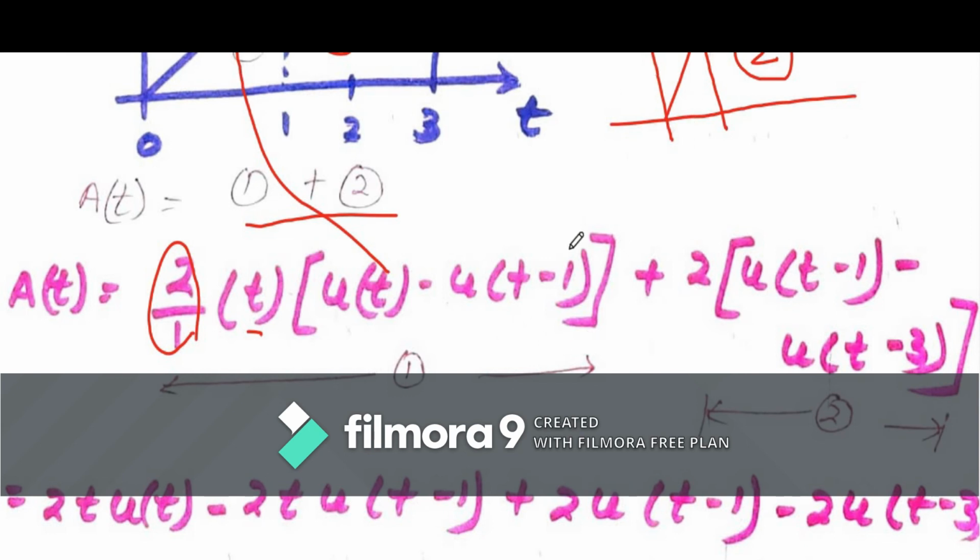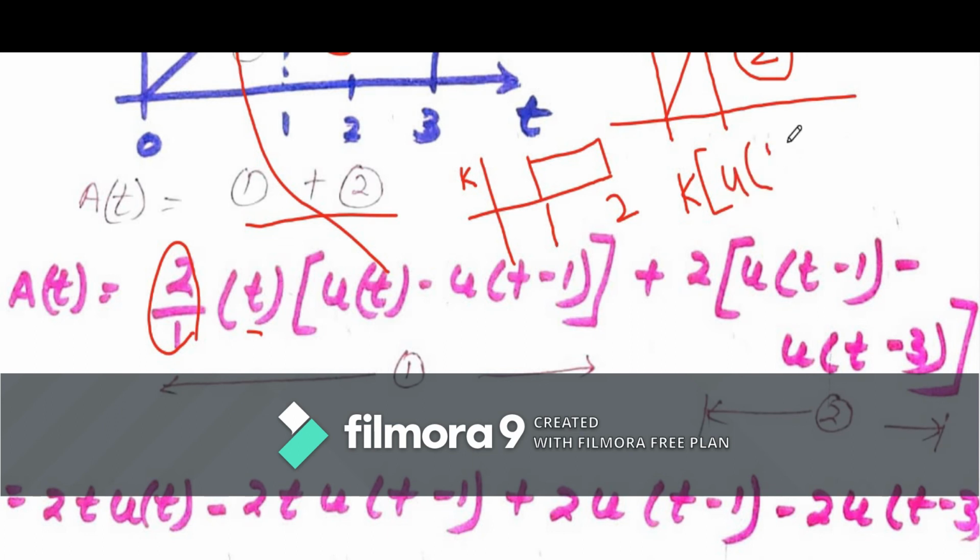So the expression for this gate function is k, bracket start, u of t minus 1 minus u of t minus 2. This is the way to write down the expression for a gate function. Magnitude, then u of t minus starting point, then u of t minus ending point. It should be 2, sorry.